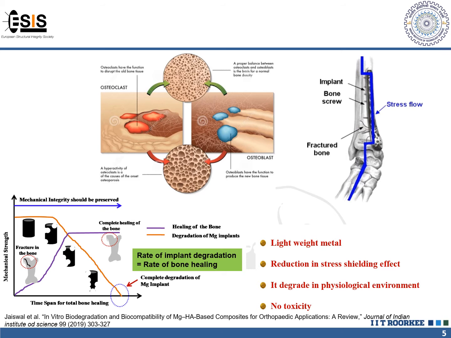So magnesium is biodegradable and has better biocompatibility as compared to other metallic implants. It is light in weight and it has the ability to reduce the stress shielding effect, and it is also degradable in physiological environments, and due to its presence in the human body and the bone, there is no issue of biocompatibility as well.